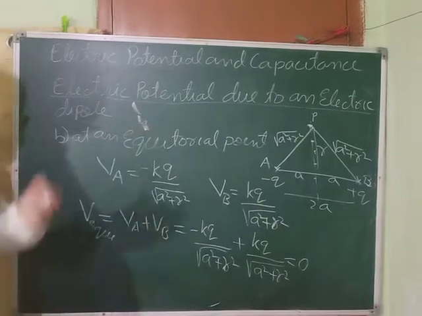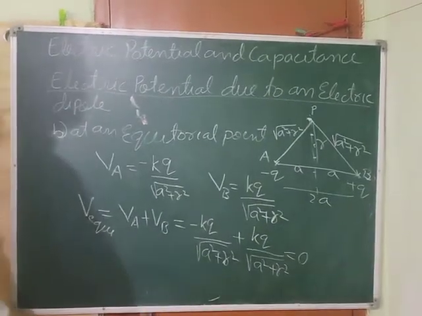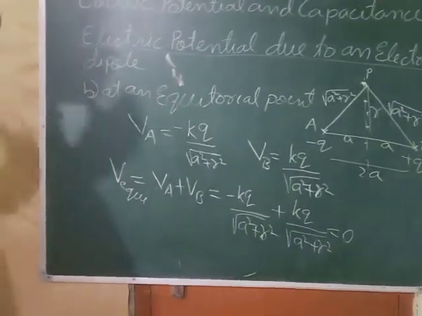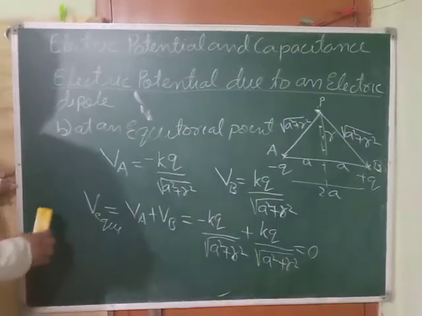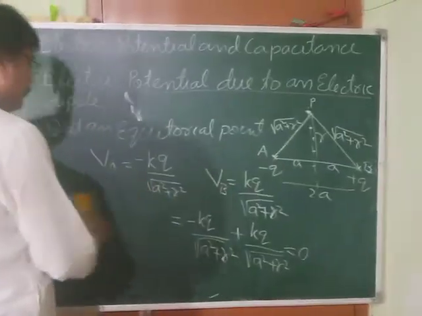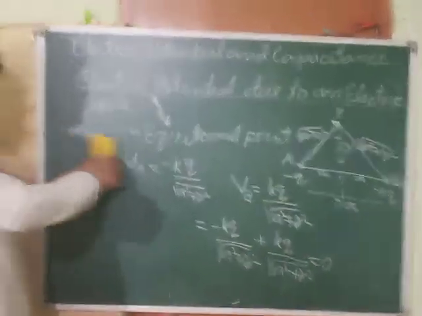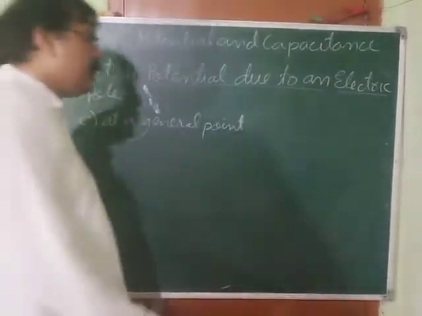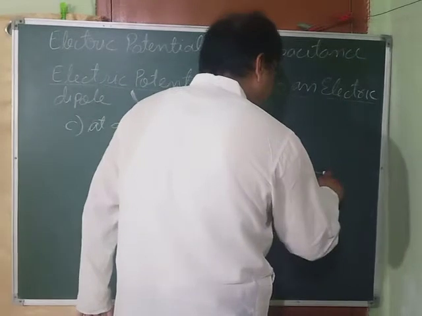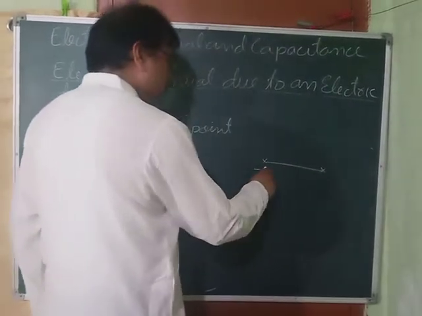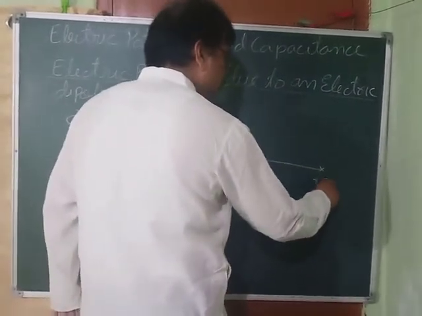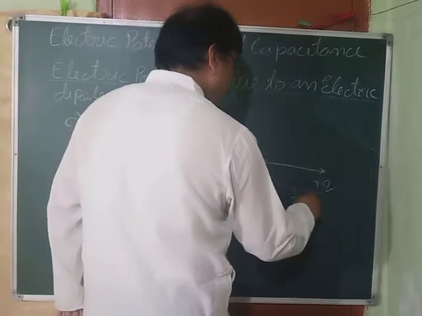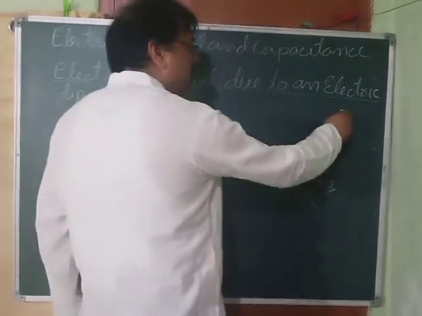Now, the third one: we have to find the electric potential due to an electric dipole at an arbitrary point, at a general point. Now see, this is our dipole. This is minus Q, this is plus Q, this separation is 2A, and we have chosen a point here.